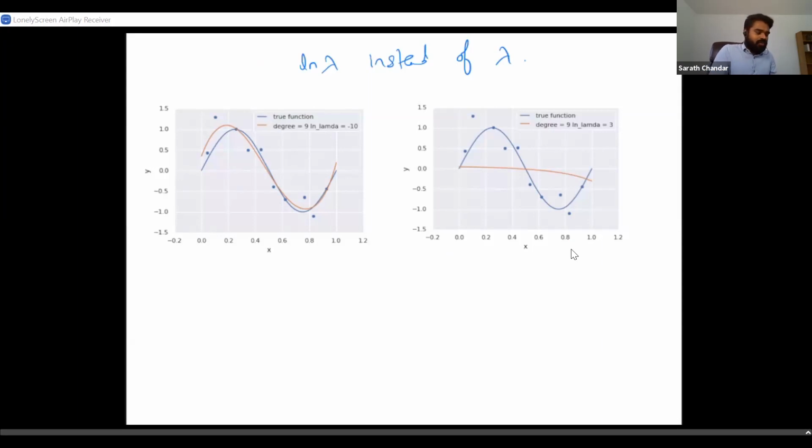So from this, you can actually derive the lambda, but lambda is simply e power ln lambda. The only reason why I'm shifting to ln lambda is that it gives us a big range for the coefficient.